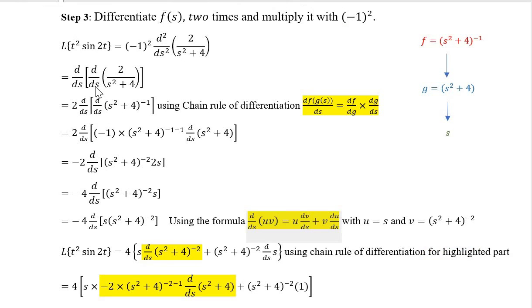Successively differentiating, minus 1 square is 1, d by ds into d by ds of 2 upon s square plus 4. Taking 2 common, derivative of s square plus 4 inverse. Again, we have to use chain rule of differentiation. F function is s square plus 4 inverse.